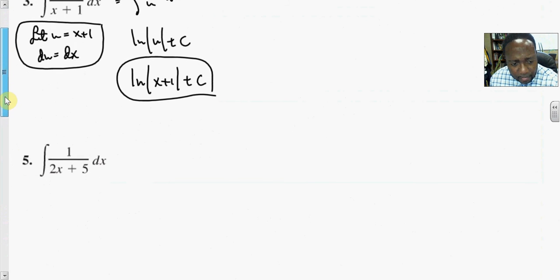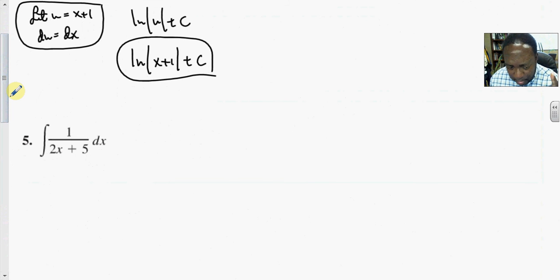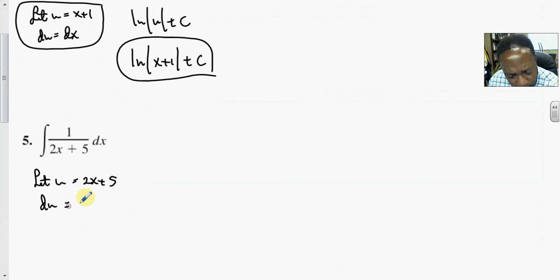Number 5, there's a scalar, a fraction that comes out, and you want to be aware of how it shows up. Let u equal 2x plus 5. So du is 2 dx.